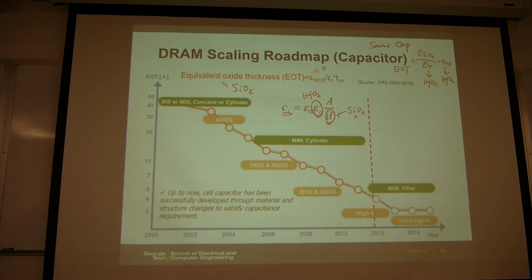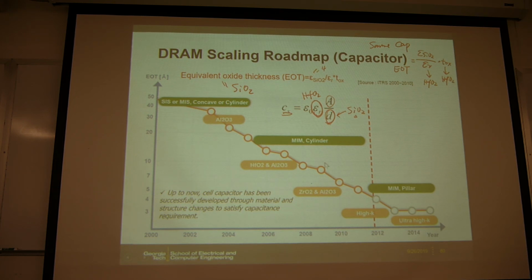And eventually you want to scale this EOT because this A, as we discussed, is scaling, right? So then you want to make the D, this equivalent oxide thickness, also scale. So here this shows this EOT scaling over the years by changing different materials and also different structures.